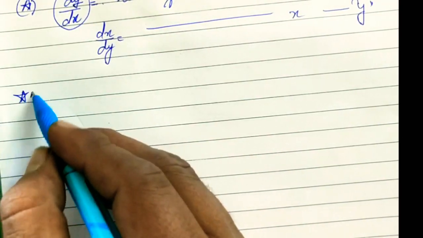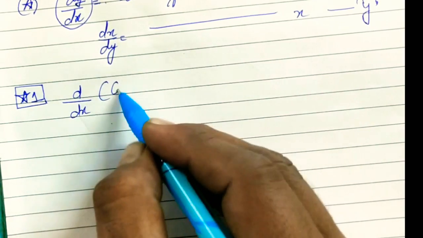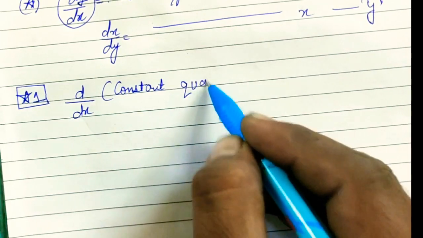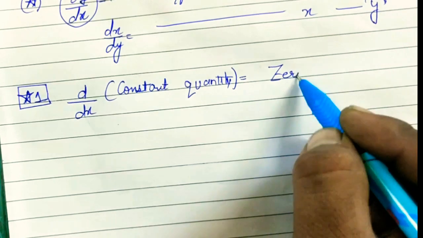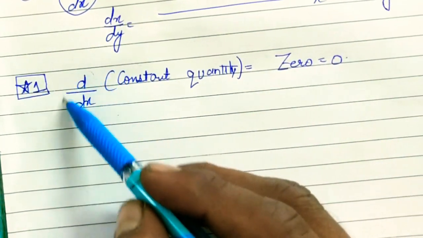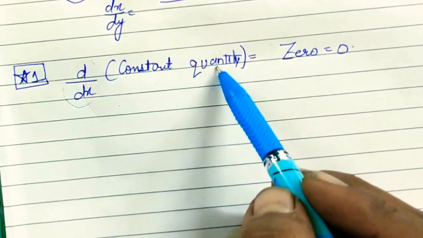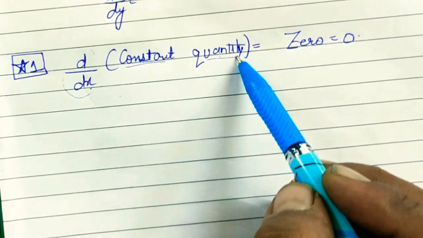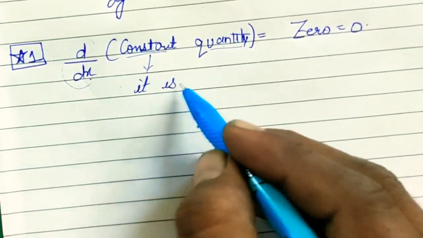तो सबसे पहला फॉर्मूला नंबर 1. First formula is differentiation of any constant quantity is what? So it is 0. Can you guess why it is 0? Because देखो dy by dx इसका मतलब क्या होता है? The meaning of this is rate of change of the upper quantity with respect to lower. लेकिन अगर कोई quantity constant है, if a quantity is constant, it means that it is not changing.